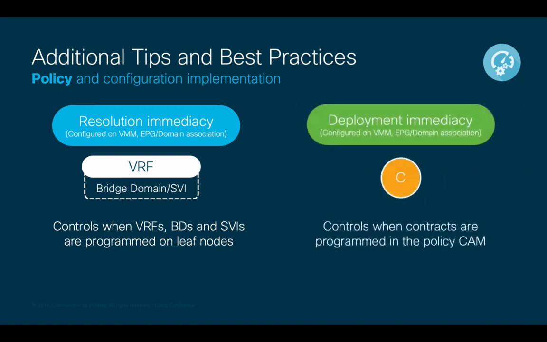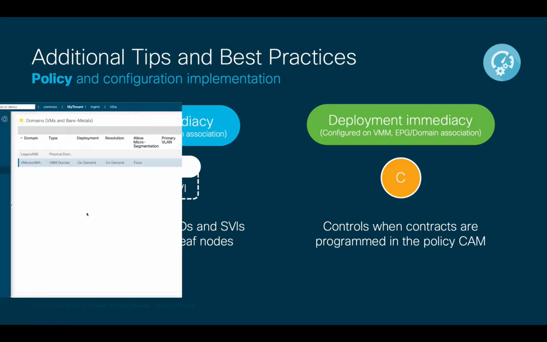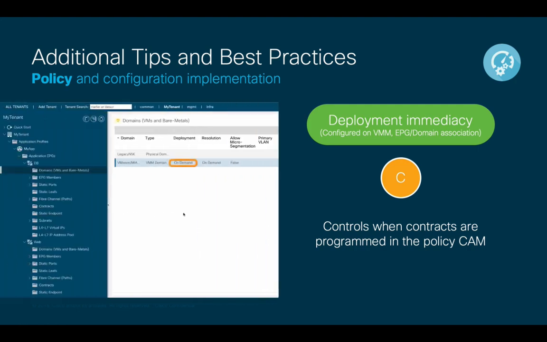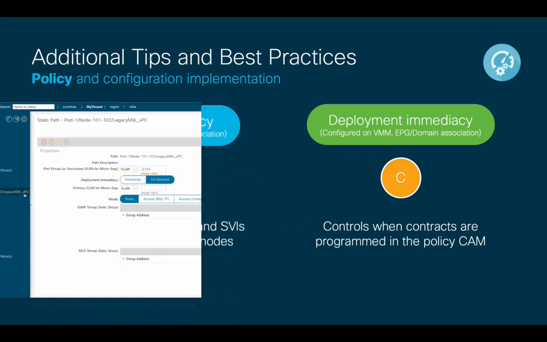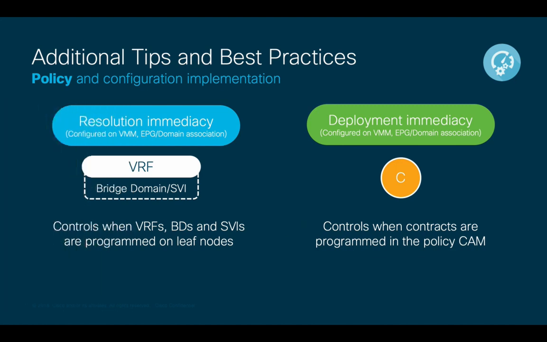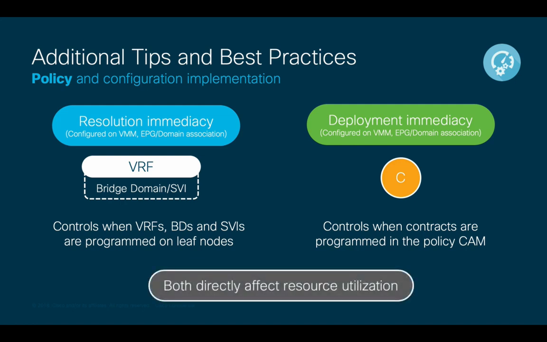Deployment immediacy controls when contracts should be programmed in the policy CAM, and is commonly configured along with resolution immediacy for VMM domains, and at the static port level when configuring it for physical domains. Although the on-demand default behavior usually fits most network implementations for both resolution and deployment immediacy, understanding how each setting affects resources and TCAM usage may be useful.